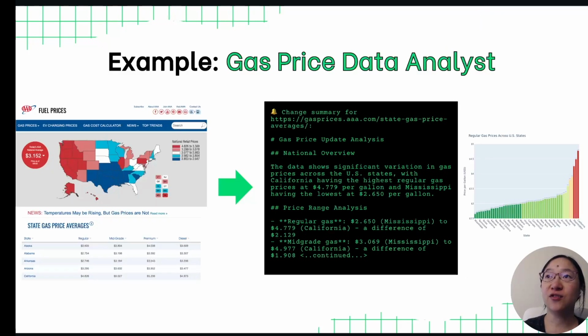So we have this agent that actually goes and analyzes changes in fuel prices across different US states. And the way we do this is we scrape data from the AAA site here that you see, and the output is both a text summary of the notable data changes and also a chart that is appropriate and goes along with this analysis.